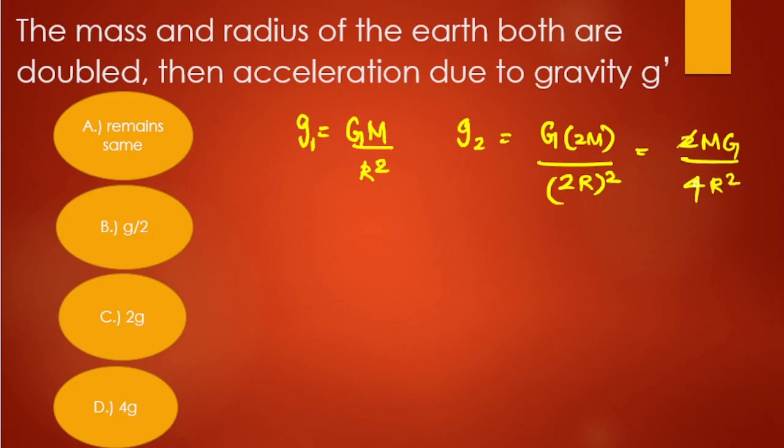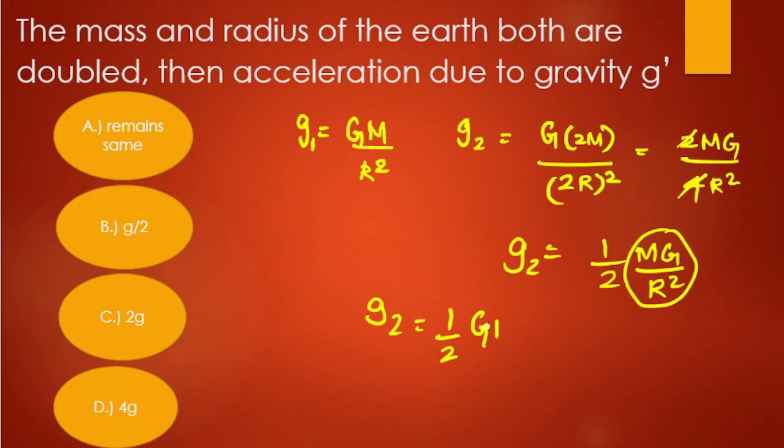So the 2 and the 4 can be cancelled, right? So you will be getting 1 by 2 times MG by R square. So your g1 and this value are equal, right? So you can write this is your g2 value. So you can write g2 is equal to 1 by 2 g1.